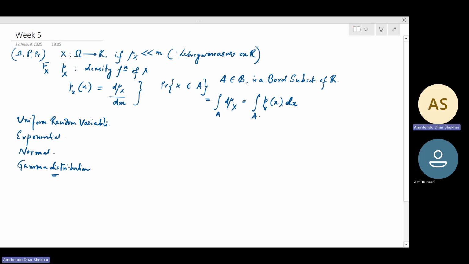So start off first with the uniform random variable, which is generally denoted as U(0,1). But in reality, you can have the random variable be some U(a,b), where a is less than b.